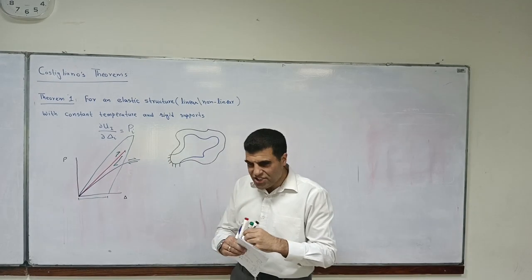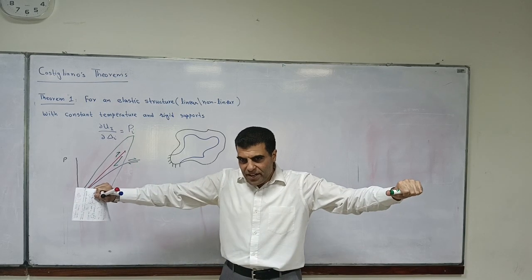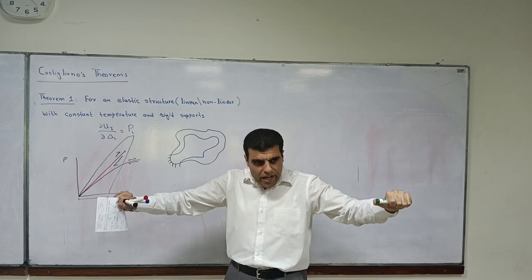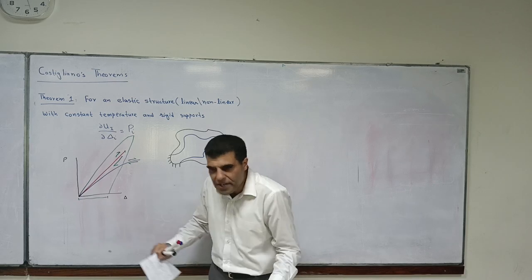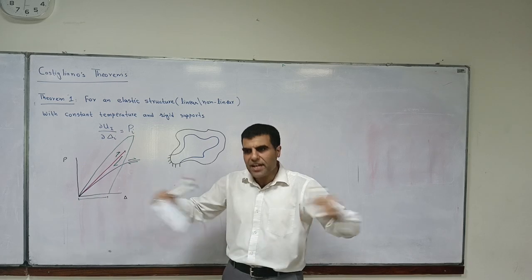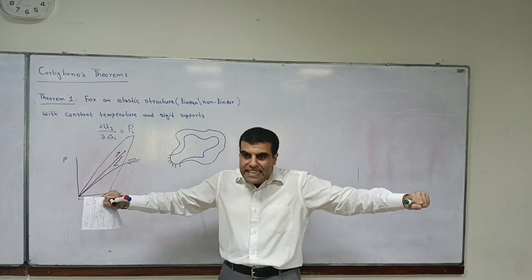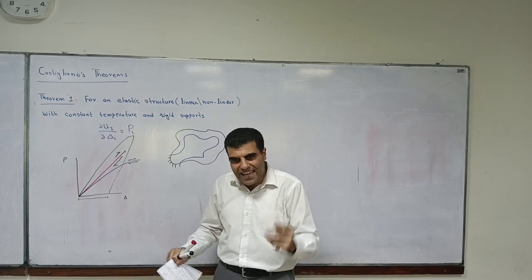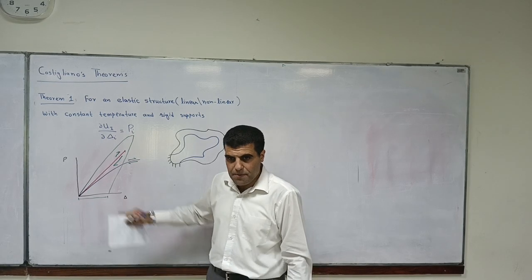Imagine you have a thin wire and you extend it, and it reaches a point where beyond a certain extension, that extension remains permanent. It doesn't come back like a rubber band. In the case of a rubber band, the extension comes back. But you can have a steel wire where you extend it to an extent that it doesn't come back, or it slightly comes back, and then there is a residual displacement in there.